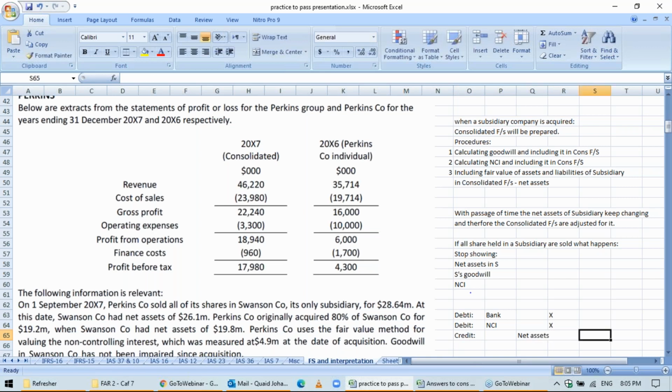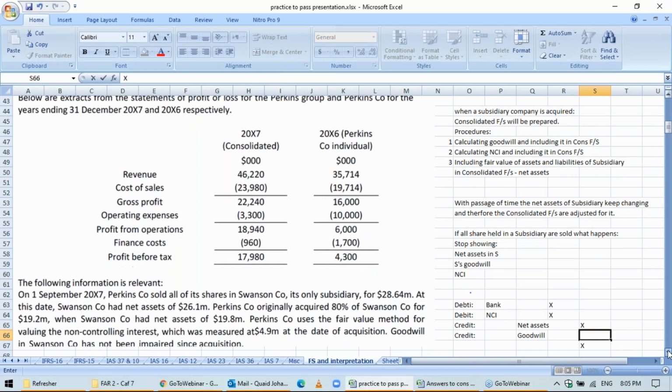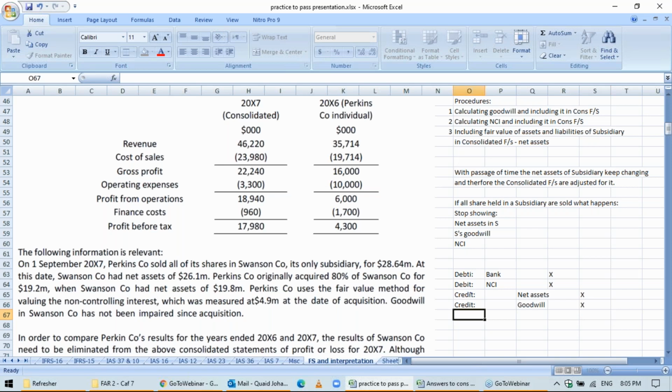And then there is one more credit, and that is the goodwill. So you won't carry the subsidiary's goodwill in the financial statements anymore. And the last item will be the gain, if you receive more cash you will be recording the gain. That's the entry. So these effects take place when you dispose of a subsidiary company.